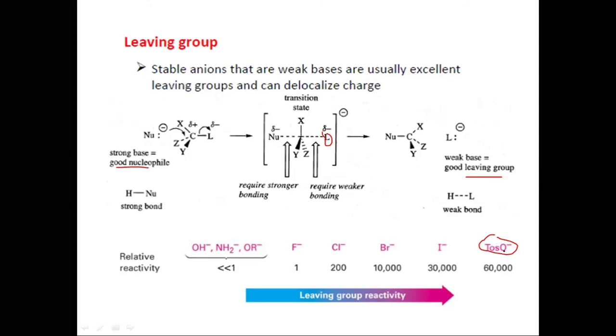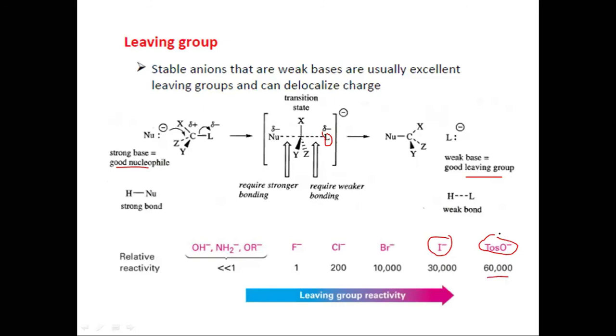But as soon as you use a tosylate at the L position, or a bulky leaving group like I minus, the leaving group can easily leave and the incoming nucleophile can easily attack the carbon. And this is the rate of reaction found during the reaction.